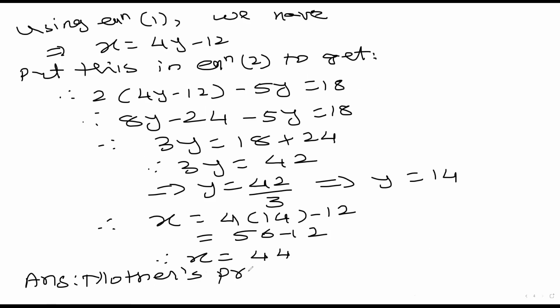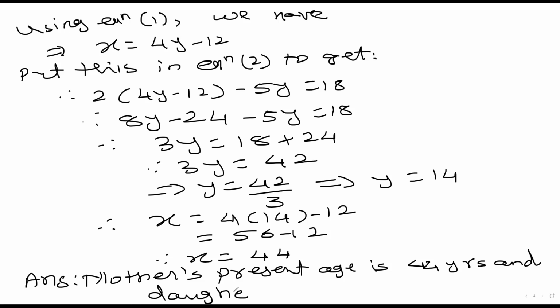Mother's present age is 44 years and daughter's present age is 14 years. Correct. Okay, it is as simple as that.